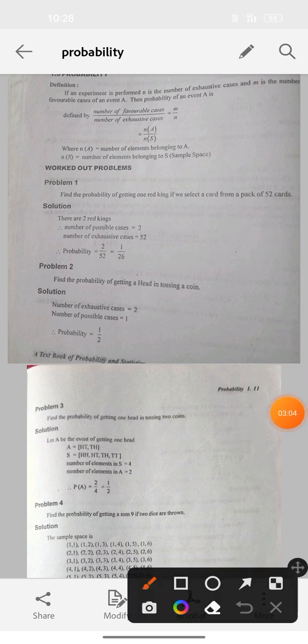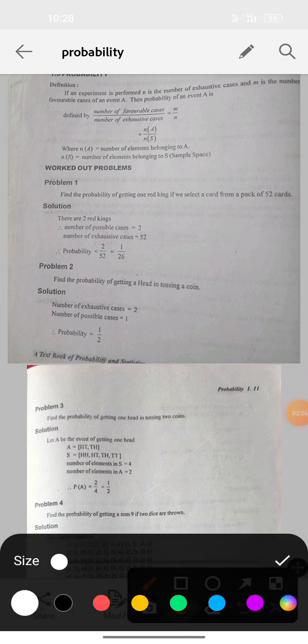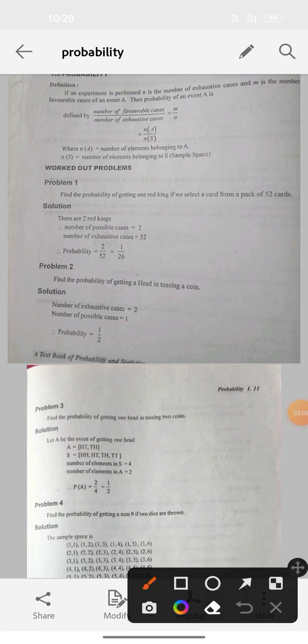Coming to the first problem: find the probability of getting one red king if we select a card from 52 cards. There are a total of 52 cards, but they are asking for a particular card. Let us forget about that particular card for a while. From the pack of 52 cards there are two red kings.